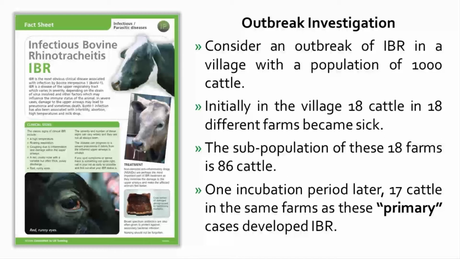The subpopulation of these 18 affected farms is 86 cattle. If we follow during our outbreak investigation, after one incubation period we would find that we have 17 animals infected in those 18 farms where we had the initial 18 first cases.